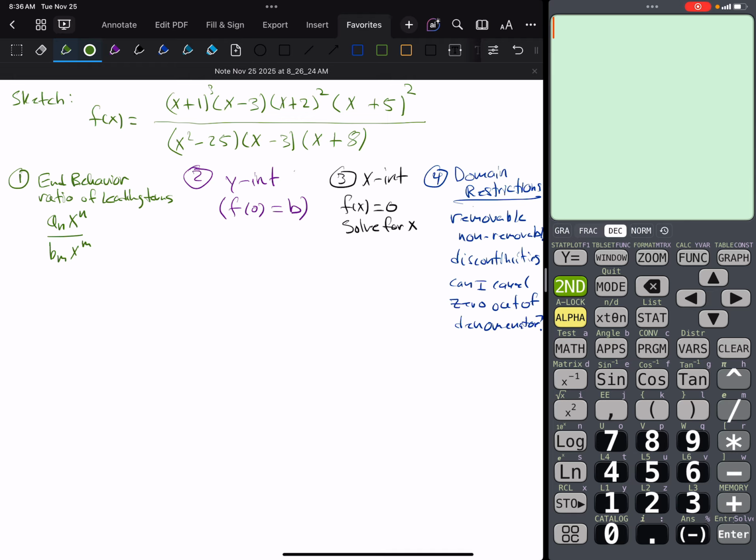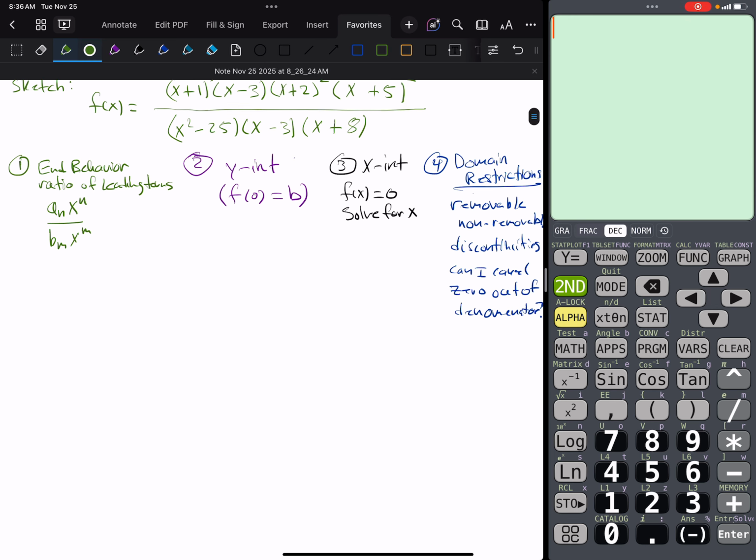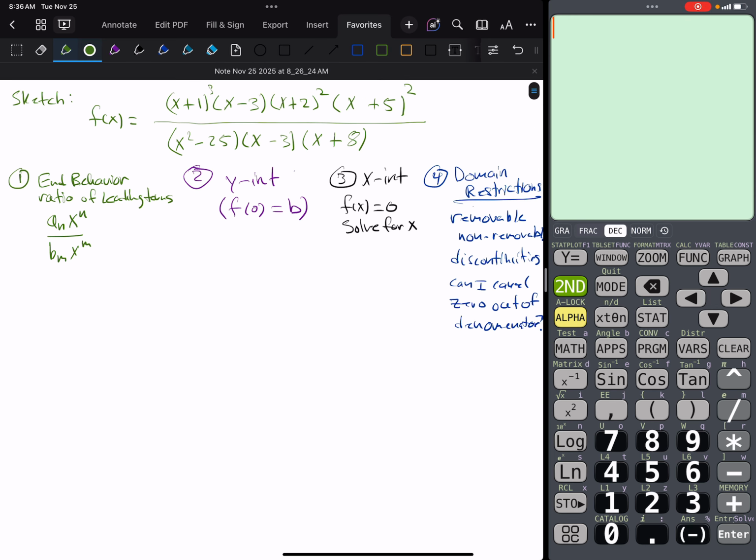The way I've written this, the way I've given us f of x, that leading term is hidden from us. And so to find the leading term of the numerator, I need to take the largest power of x out of this binomial and cube it, because that will be the largest power of x to come out of that cubing. And so I'll have x cubed, and then multiply it by the same thing from the next binomial.